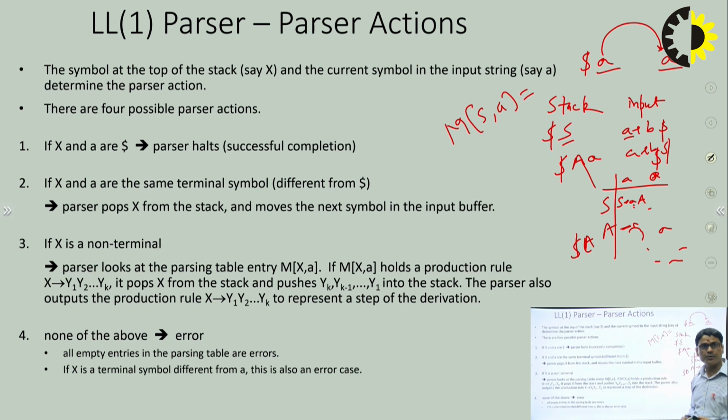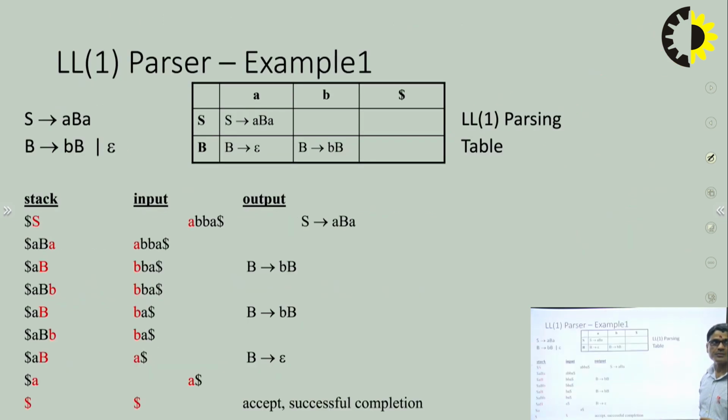If both are the same terminal, we pop it and advance the input. If there is a non-terminal on the stack and a terminal as input, we refer to the parsing table, find the production associated with the entry, and place it reversely into the stack. If there is a blank, there is an error. These four types of actions are generated in such situations.